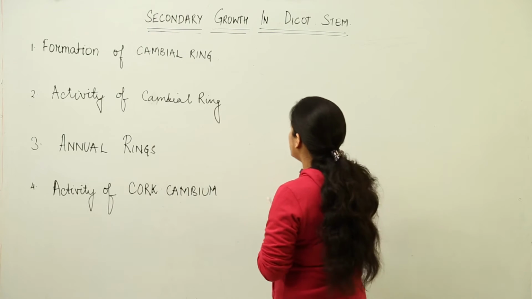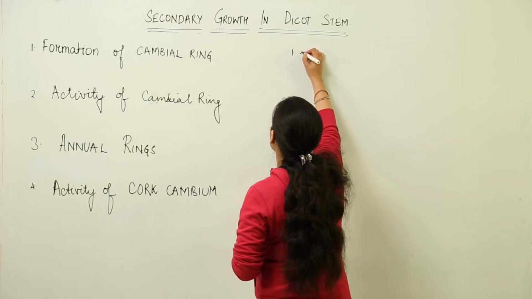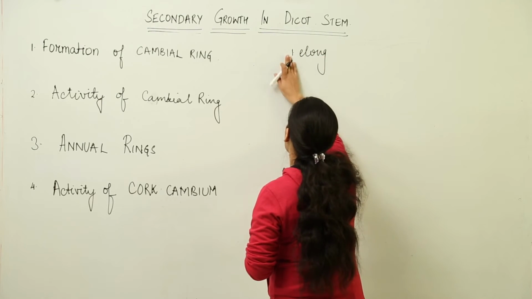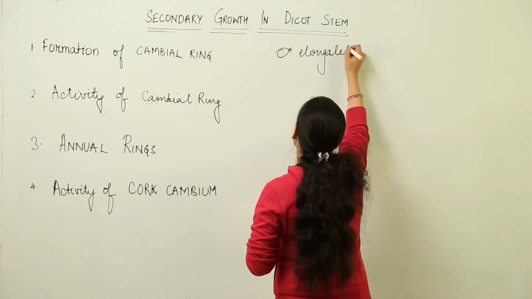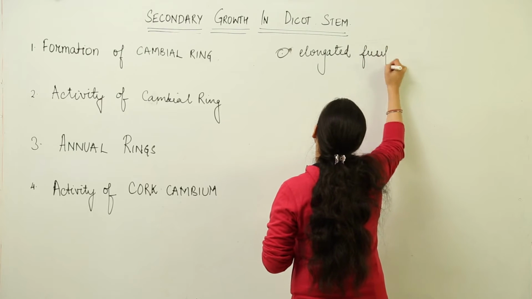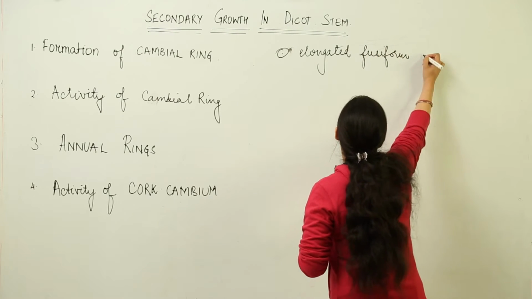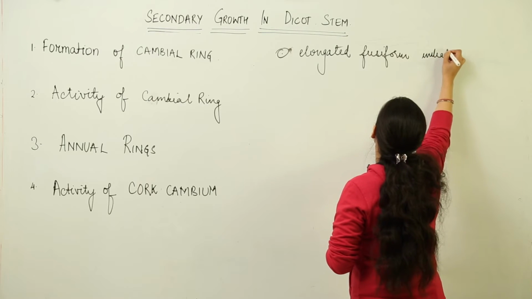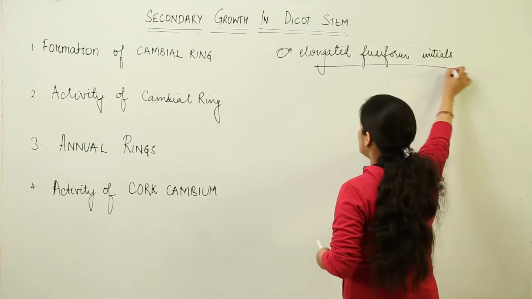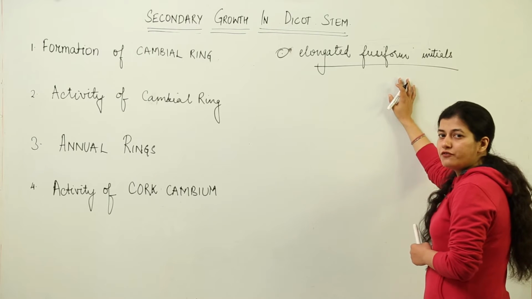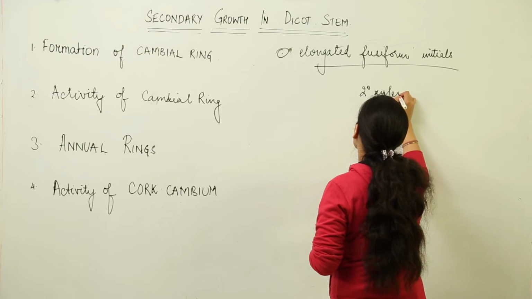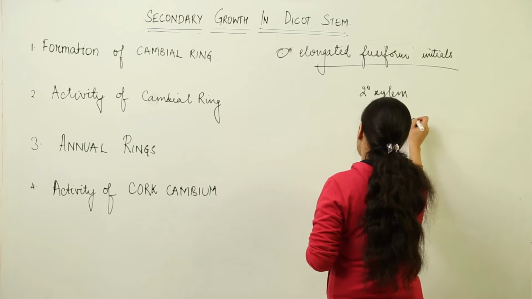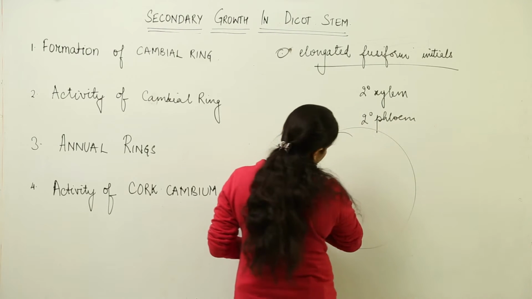Now, what you have to remember, the first term that you come across: elongated fusiform initials are going to divide vertically or obliquely, and they are going to form secondary xylem and secondary phloem.